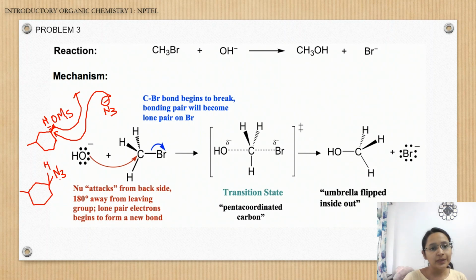So now what will be the stereochemistry of this azide group? Can anyone tell me? Inversion of configuration, yes.